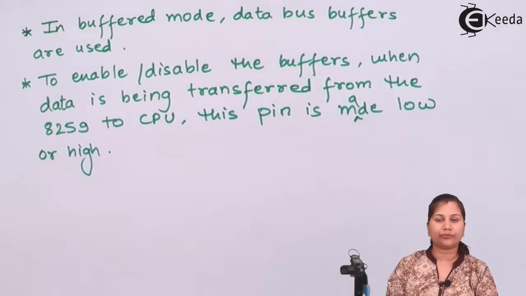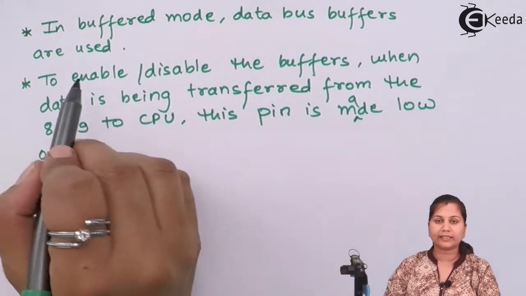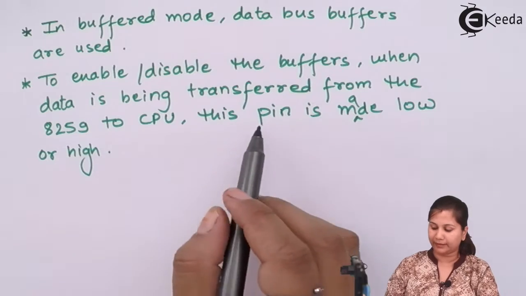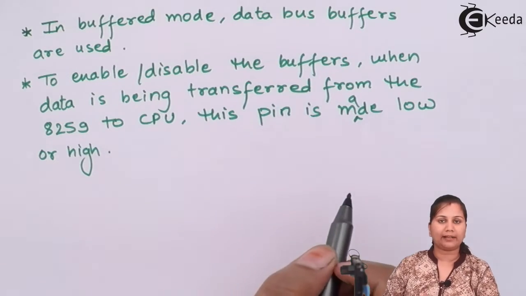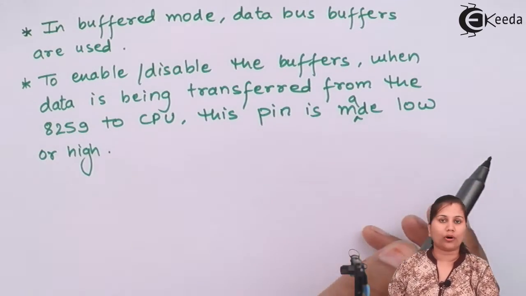Whenever the 8259 wants to transfer data to the CPU, these buffers are enabled or disabled by making this SP/EN pin low or high.